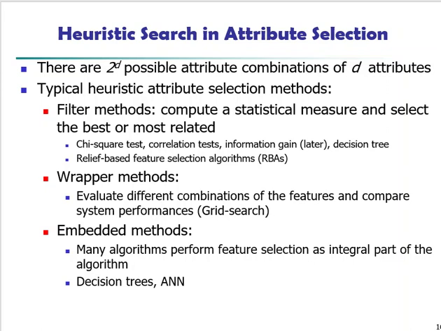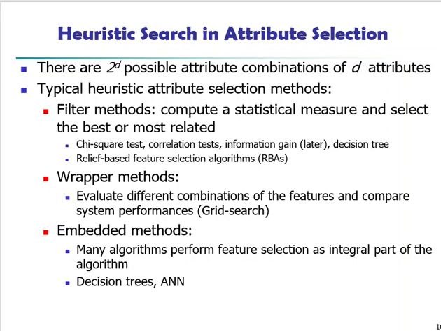Lastly, embedded methods. Embedded methods refers to a group of algorithms that perform feature selection as part of the algorithm itself. You can give the system countless features, but the system will select what features to use.